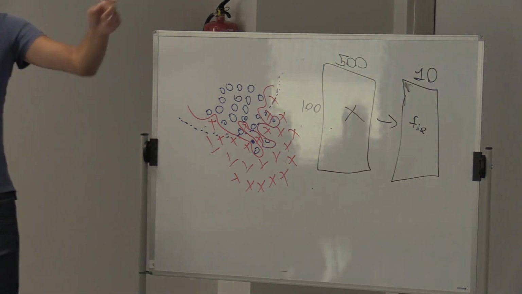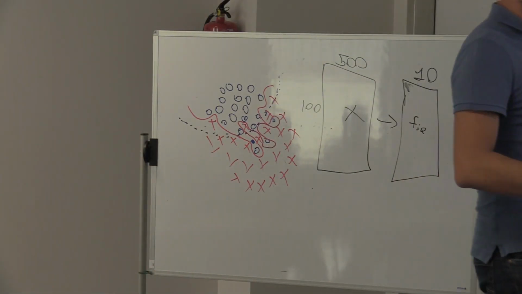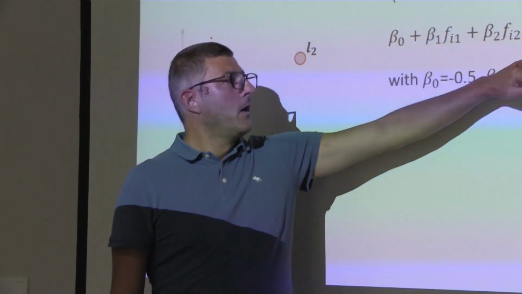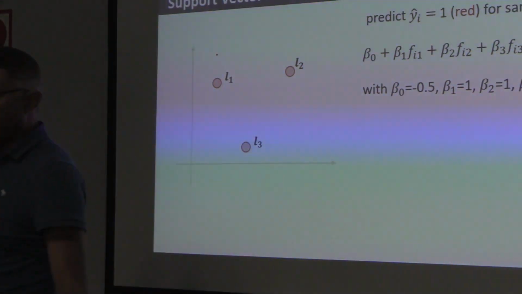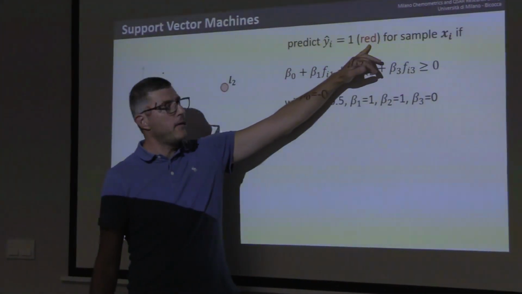In our example, let's say we have 3 landmarks, so we have 3 new features. We do a support vector machine on these new features, and we use exactly the same approach.